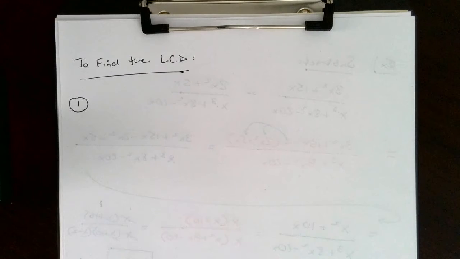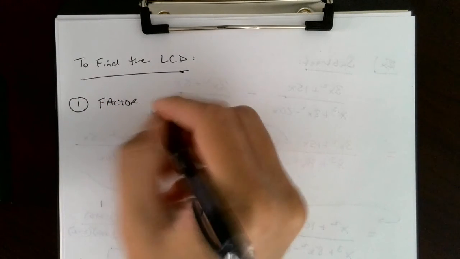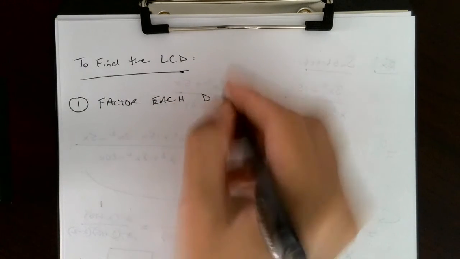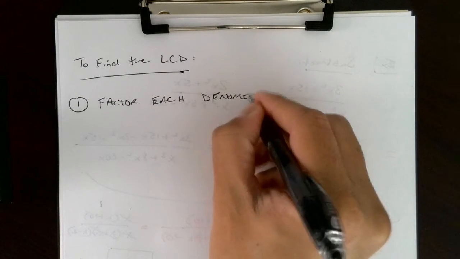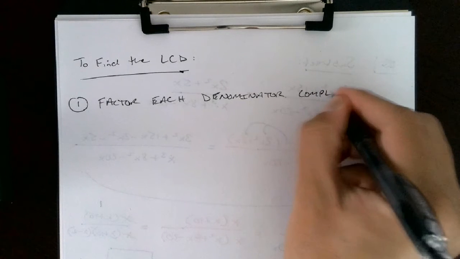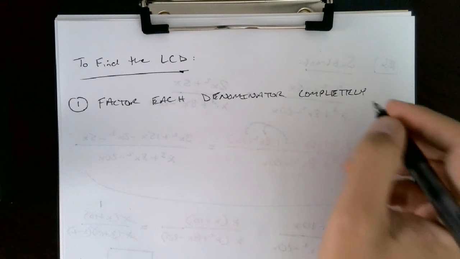Step one, you want to factor each denominator completely. So step one is to factor each denominator completely.